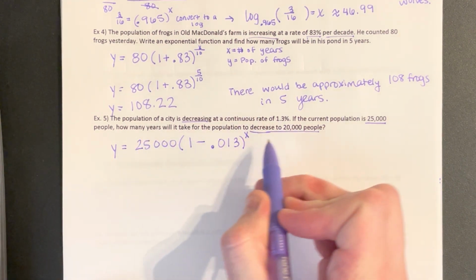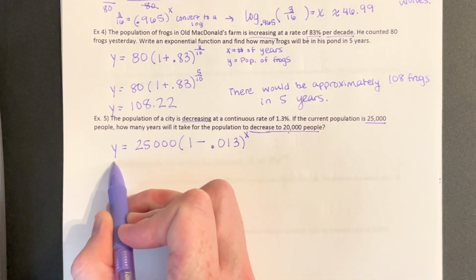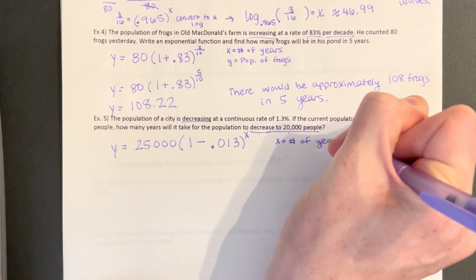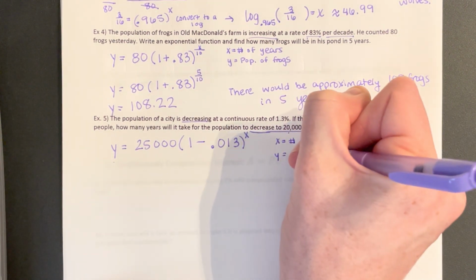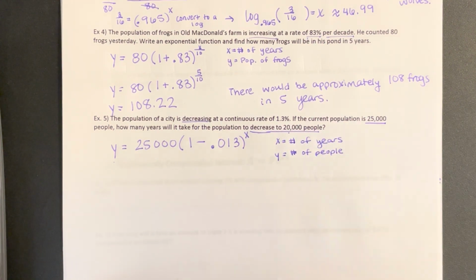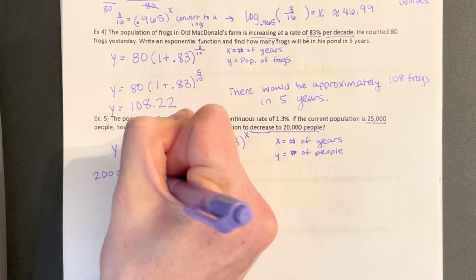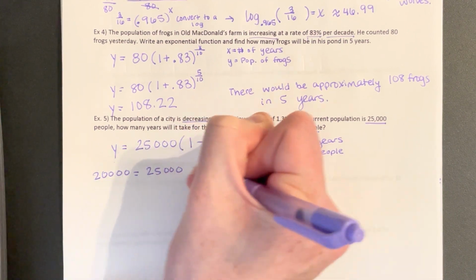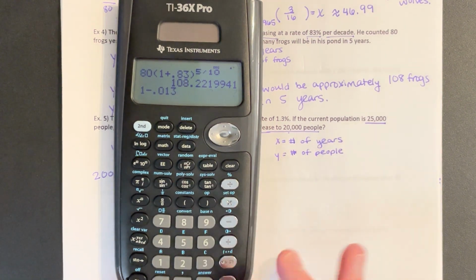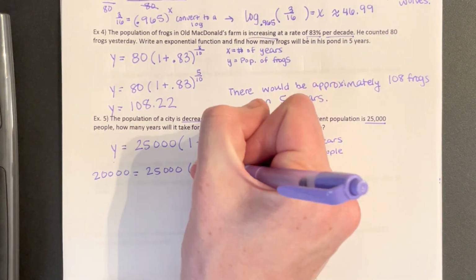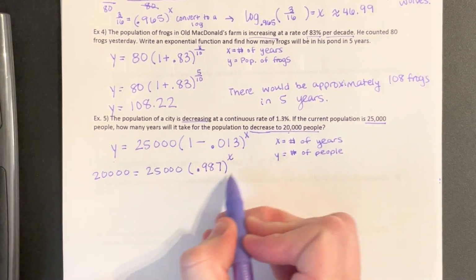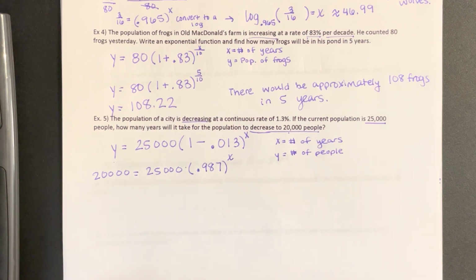And then how many years is it going to take to decrease to 20,000? So I'm plugging in 20,000 because X equals the number of years, and Y represents the number of people or the population. So 20,000 equals 25,000 times, let's do 1 minus 0.013 to get 0.987 to the X. Because I'm trying to solve for X and it's in the exponential, we want to isolate the exponential.